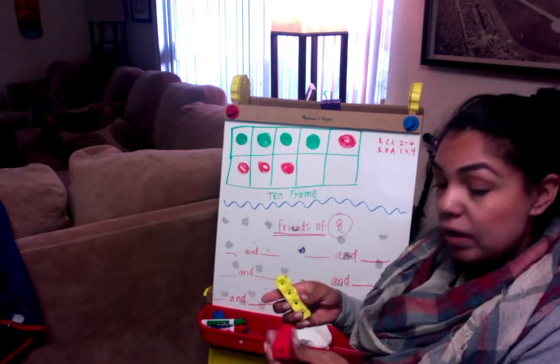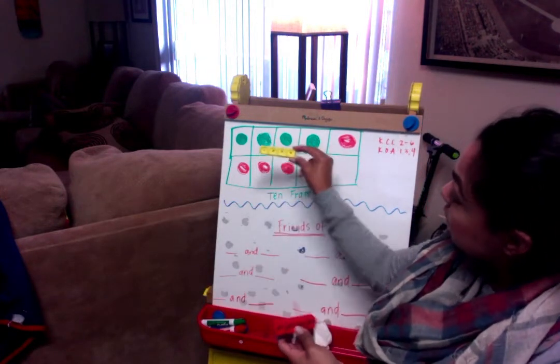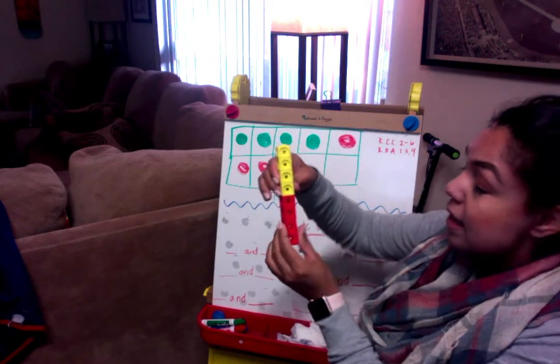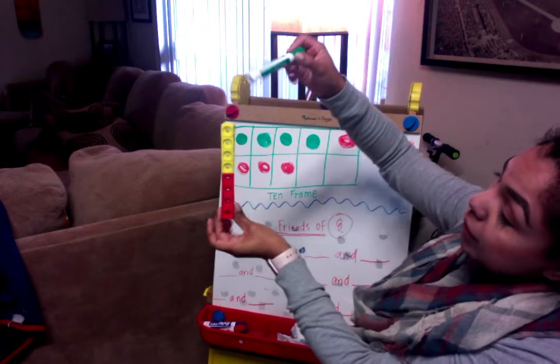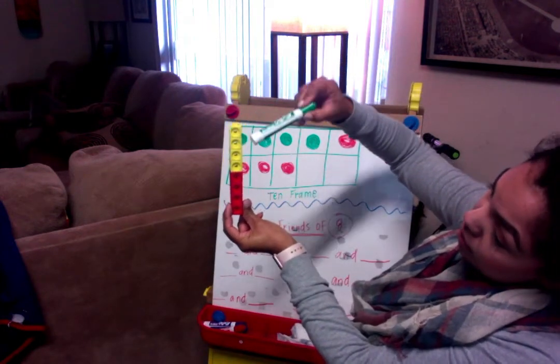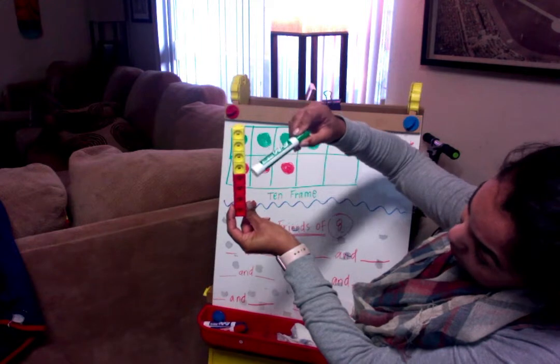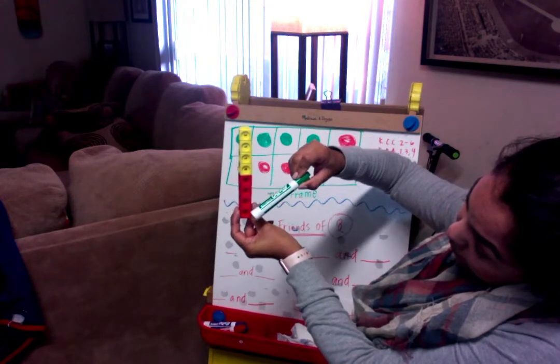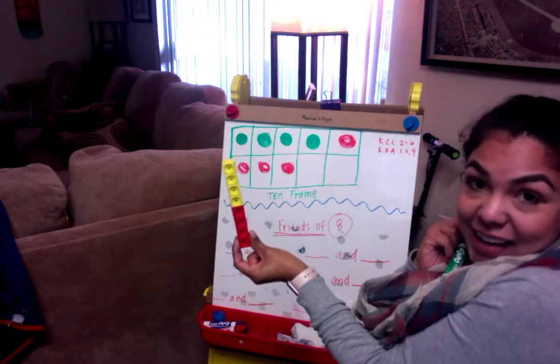Okay, so I made 4 red, and then I have my 4 yellow that I started with. So I'm going to put them all together. Okay, and then I need you guys to help me count. Are we ready? 1, 2, 3, 4, 5, 6, 7, 8. I have 8. Yay!